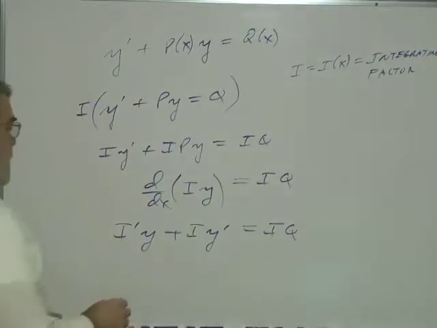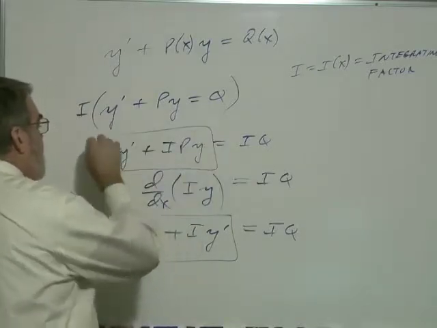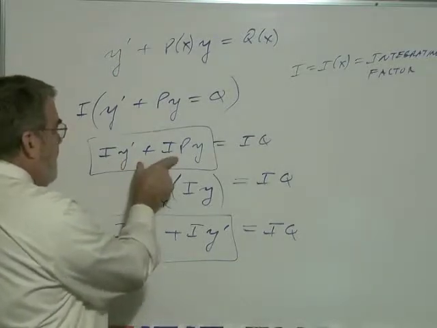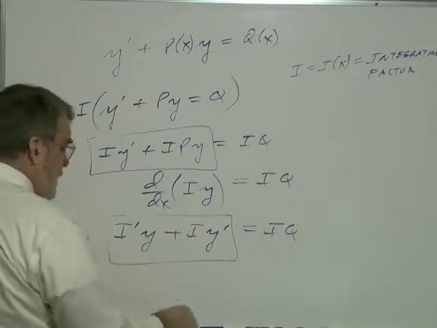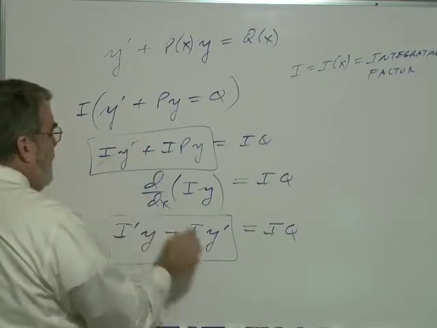All right, now I want to set this part equal to that part. Okay, so we'll do that. And notice that if this was equal to this, then these two terms cancel off. They would subtract off.